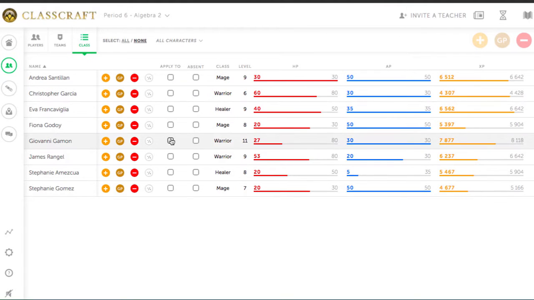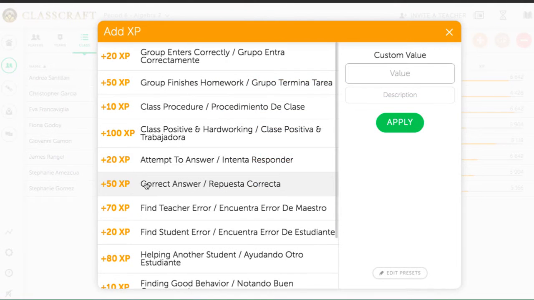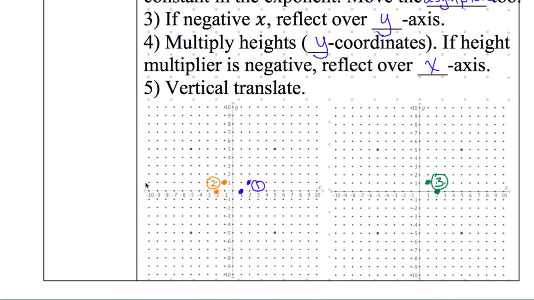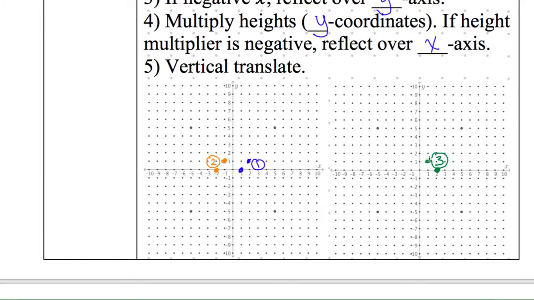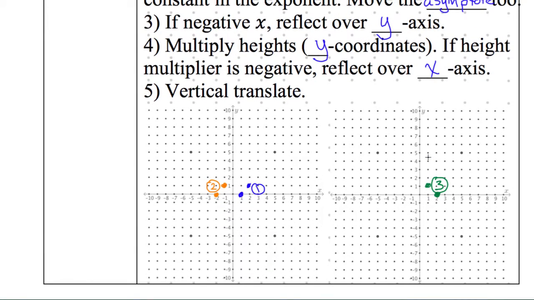Thank you, Gio. With a quiet raised hand, who can do the next step? With a quiet raised hand, how do I do step number 4? James. 2, 1. So which point are you translating, or I guess flipping?